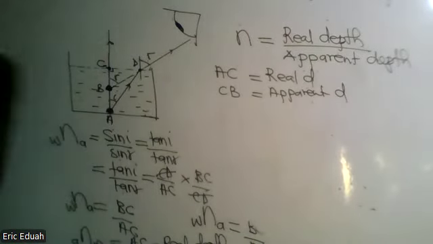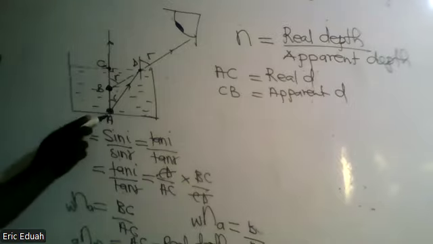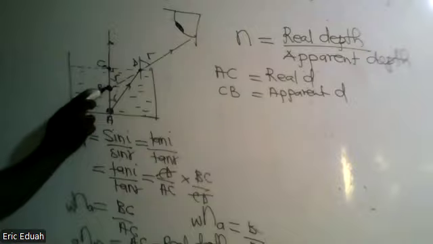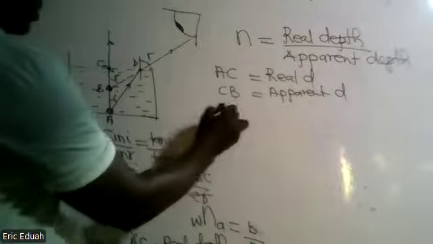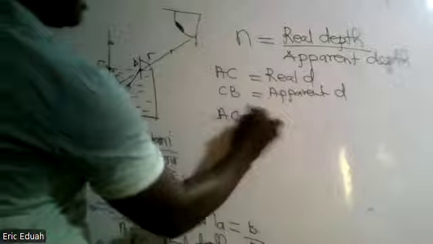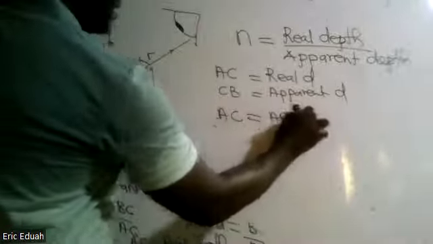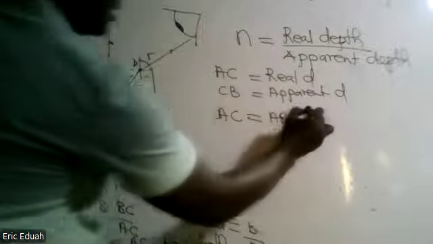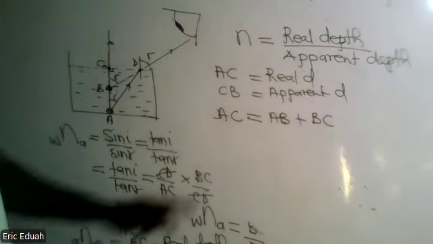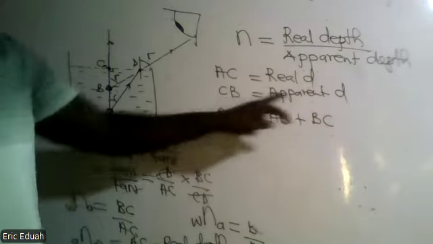But from what we have, we can say that CA or AC is equal to AB plus BC, where AC is the real depth, CB or BC is the apparent depth.